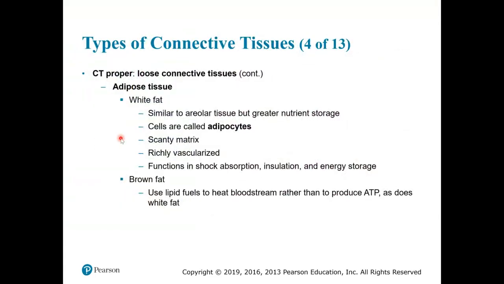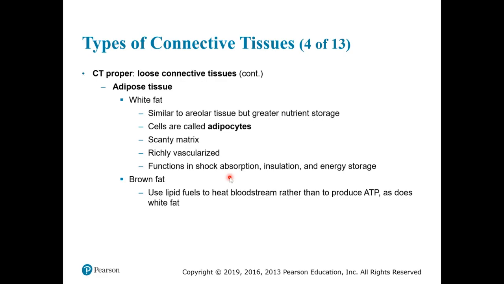Adipose tissue. So let's see, I talked about this a little bit already. So adipocyte is the main cell, the cell of fat, richly vascularized, lots of blood vessels. And adipose tissue functions as shock absorption.